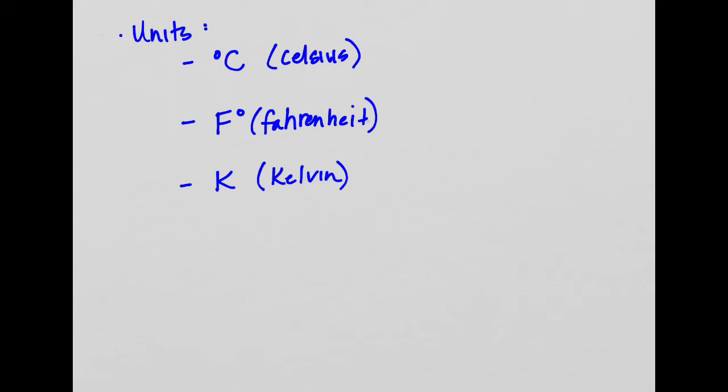So I'm going to explain the relationship between the three, and how if I give you the temperature in Fahrenheit, you can convert that to Celsius, or how if I give you the temperature in Celsius, you can convert that to Kelvin. So that's what we're going to be working on also. This is important that you take notes on this, because this is not in your book here.